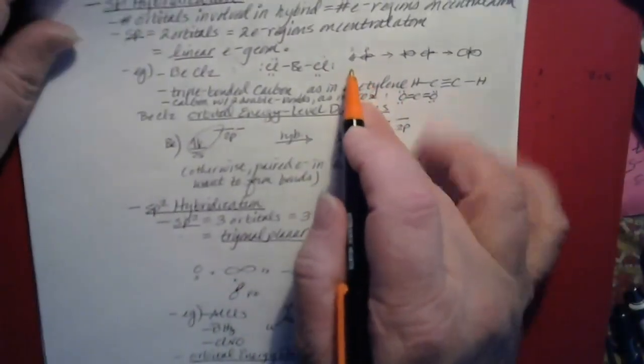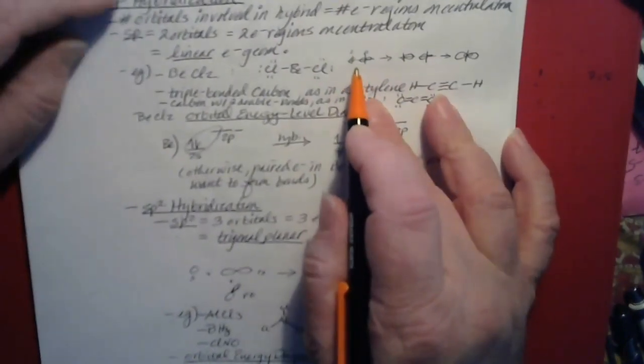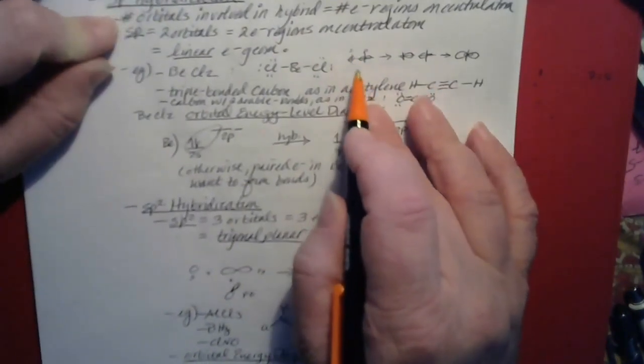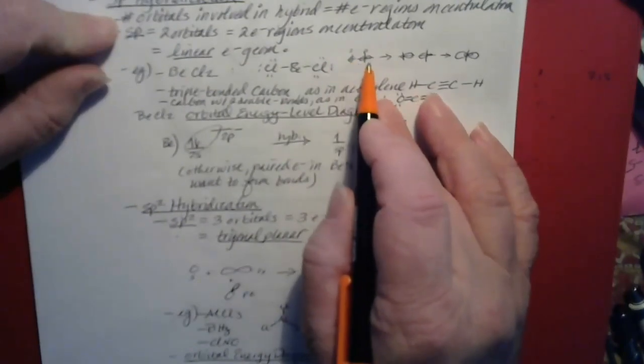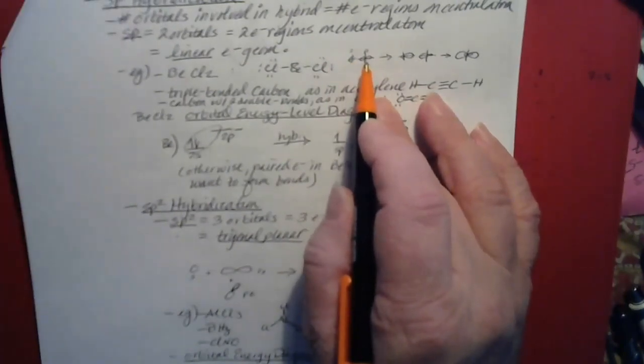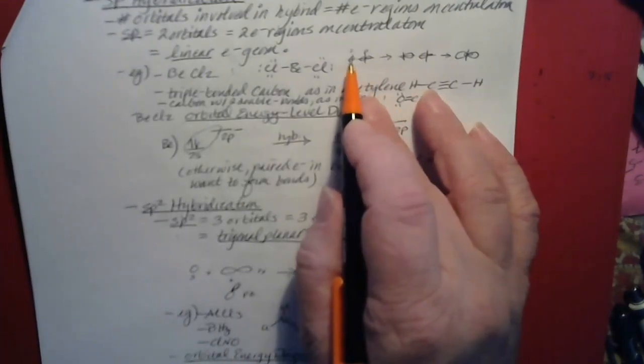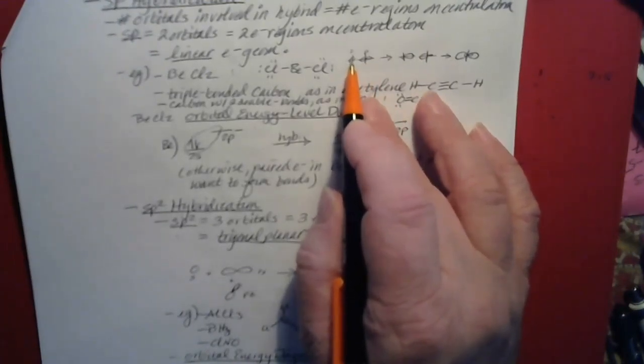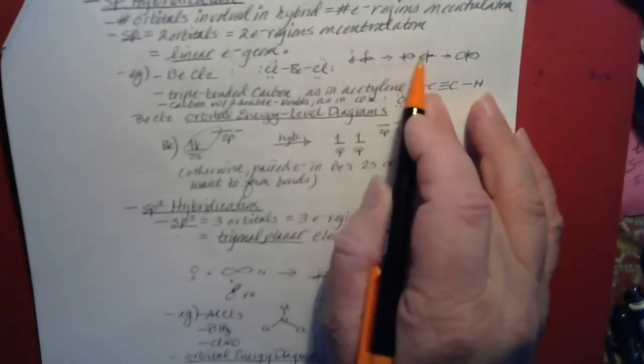What I've drawn here is, unfortunately, getting more blurry as I get closer. But this is shown in the textbook also, so you can look at what they've shown there. You've got an s orbital and a p orbital on the beryllium, and the s and the p orbital hybridize to form these two lobes of a hybrid orbital.